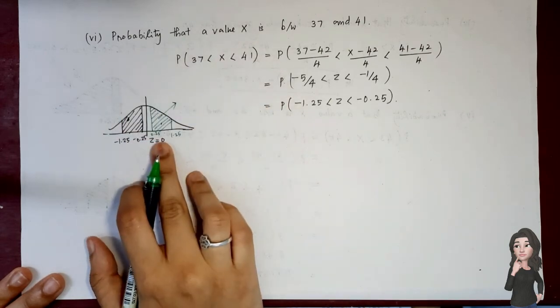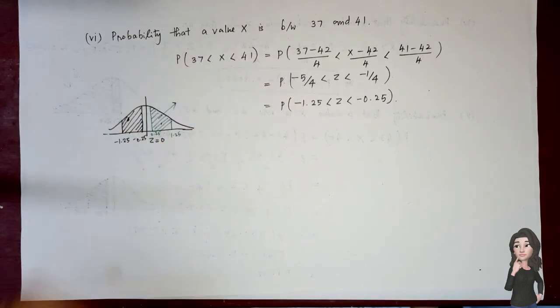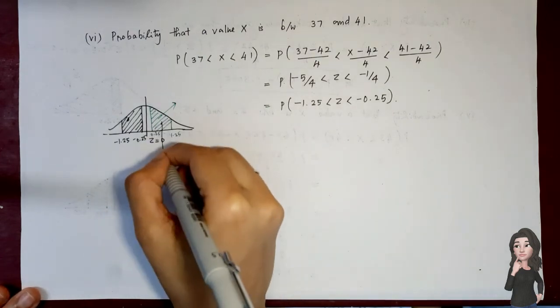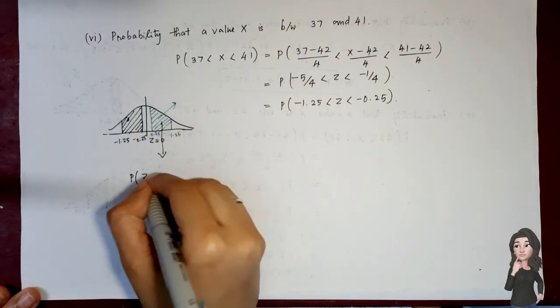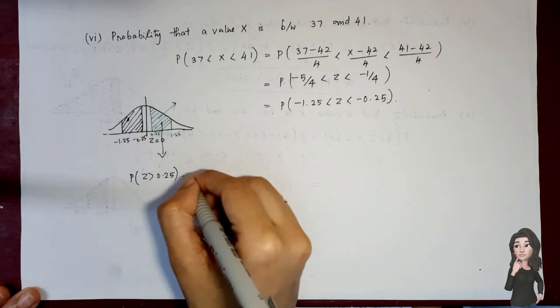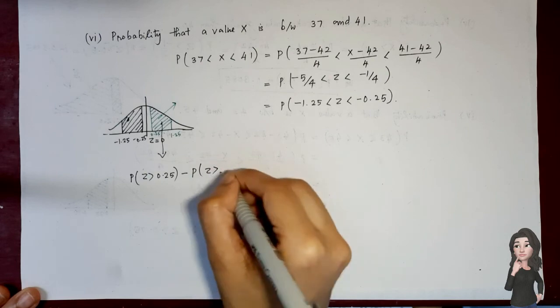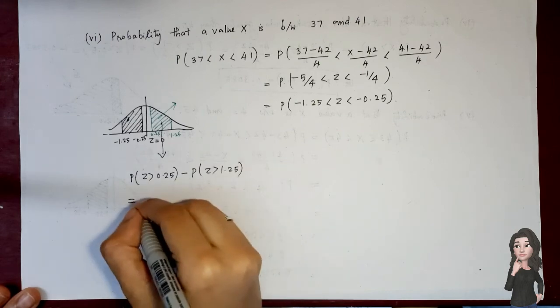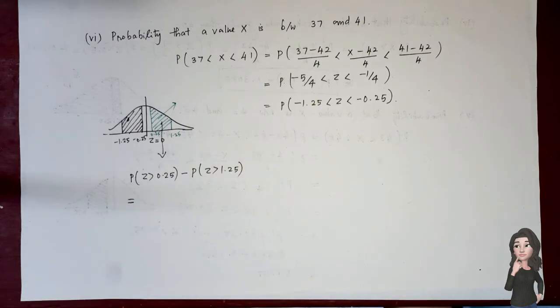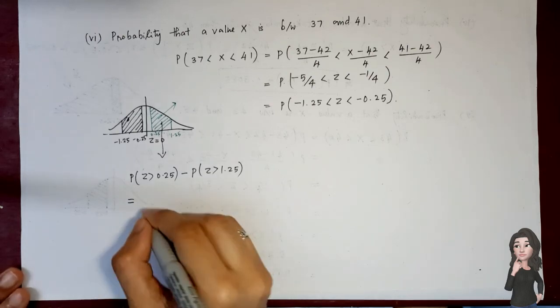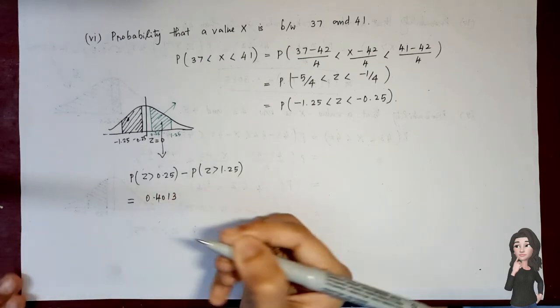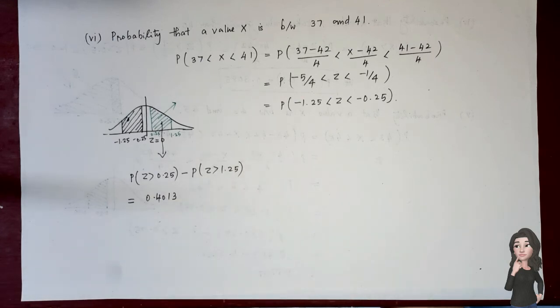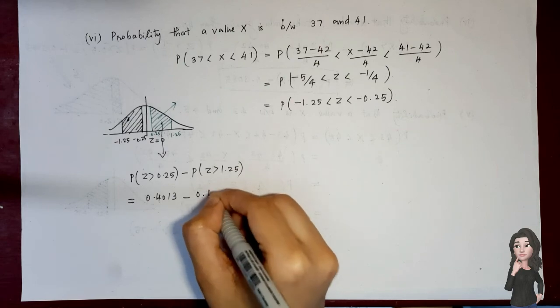We know to find an area on the right side, it is equal to the probability of z greater than 0.25 minus the probability of z greater than 1.25. So z greater than 0.25 is 0.4013 from the standard normal table, and z greater than 1.25 is equal to 0.1056.